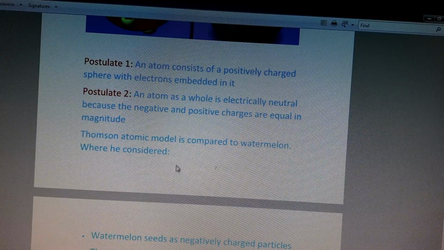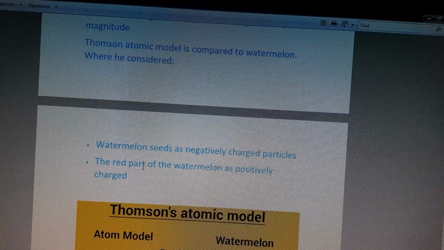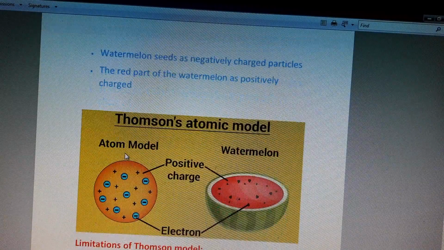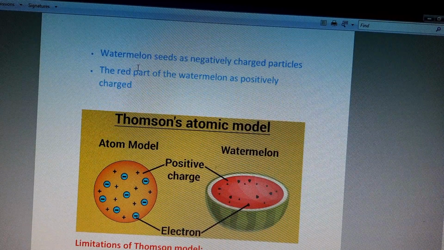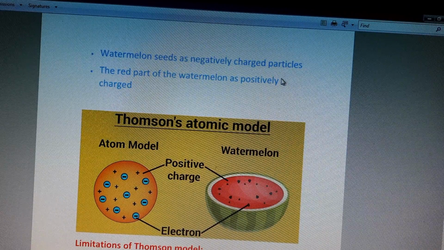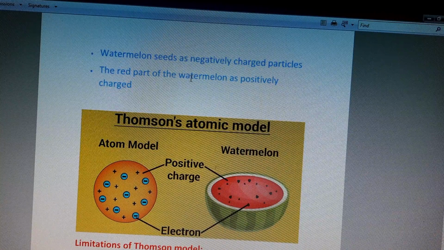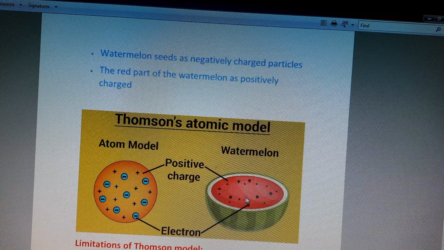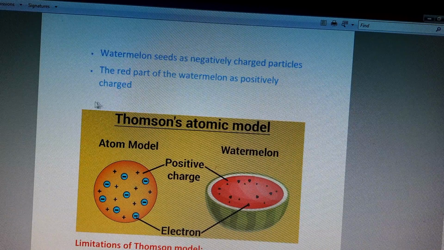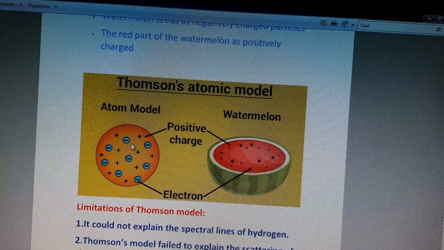So what are the points of comparison with the watermelon? The watermelon seeds are the negatively charged particles, meaning the seeds are the electrons in the atom, and the red part of the watermelon, the remaining material substance, is the positive charge.